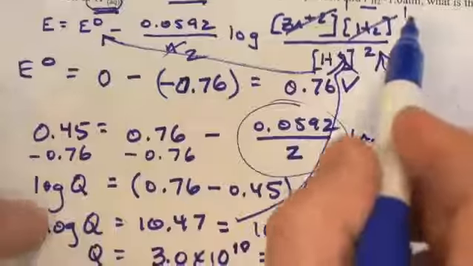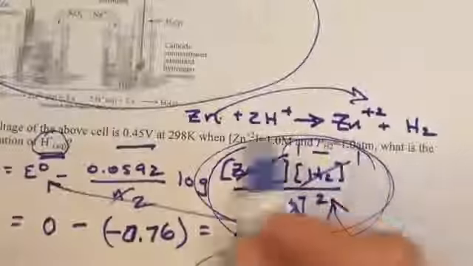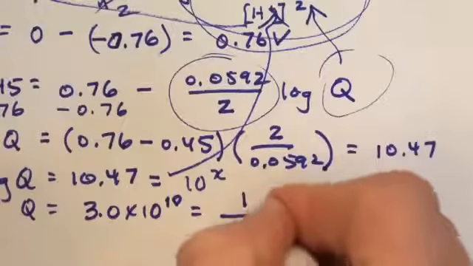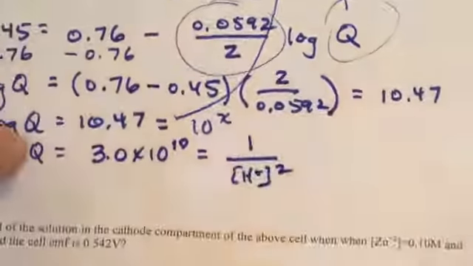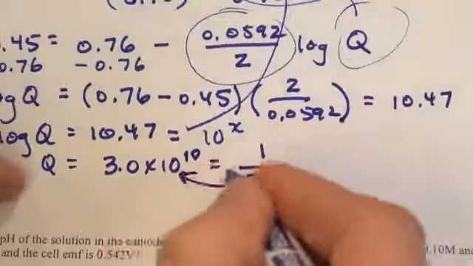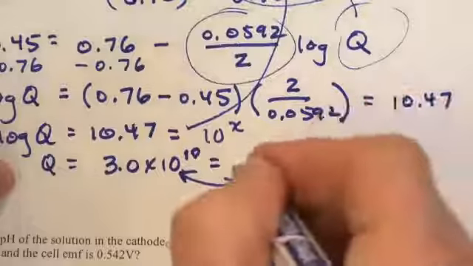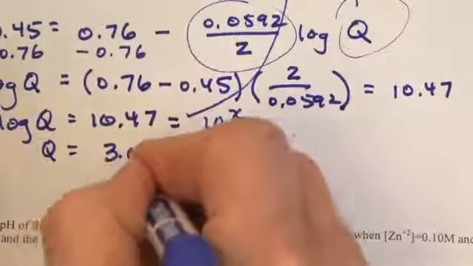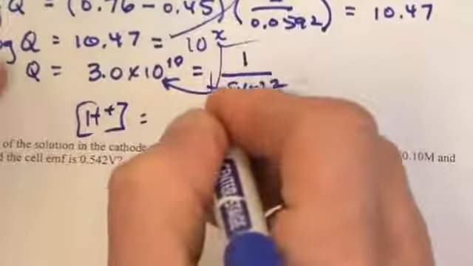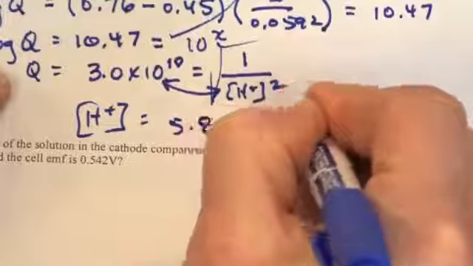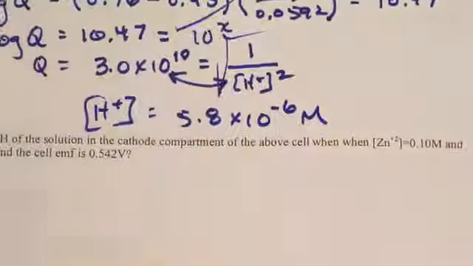And this is equal to our Q value right up here, which remember is zinc times hydrogen, which is 1, over our H plus squared right here. Okay? So flipping these two from one side to the other and square rooting this side, we end up with an H plus ion concentration equal to 5.8 times 10 to the negative 6th molar.